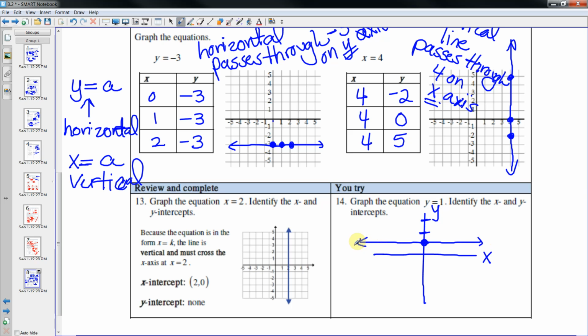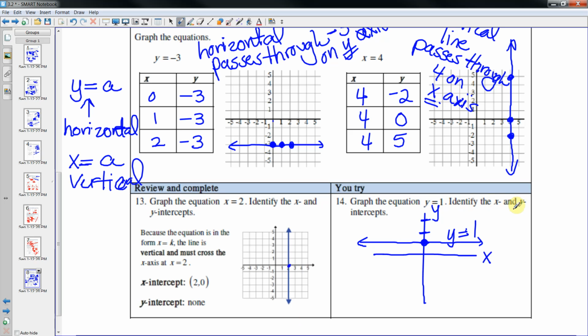If I'm doing it by hand, I can just draw a horizontal line, and there's y equals 1. You can see in the example they did, x equals 2. They marked the 2 on the x-axis and then drew a vertical line through 2. You have to go through and draw the actual lines on these. You can't just draw the one dot. You have to draw a line and make it either horizontal or vertical.